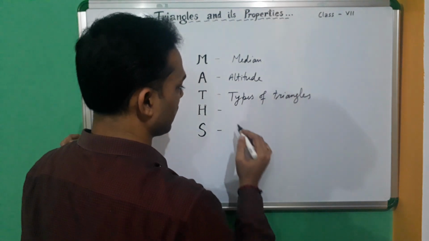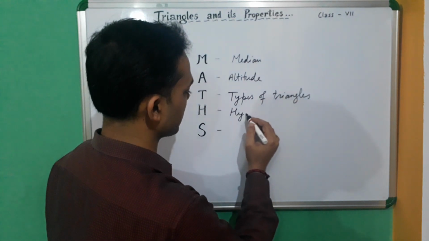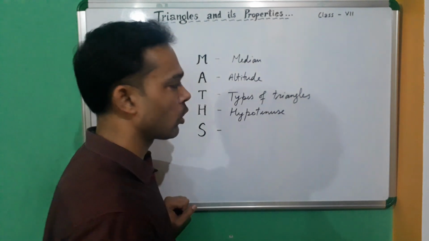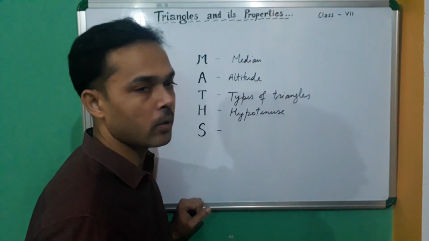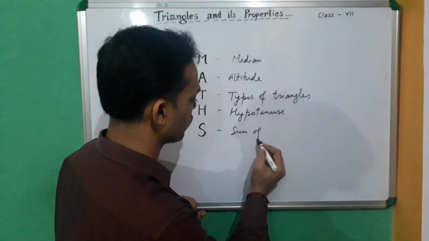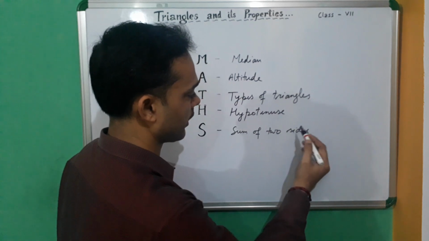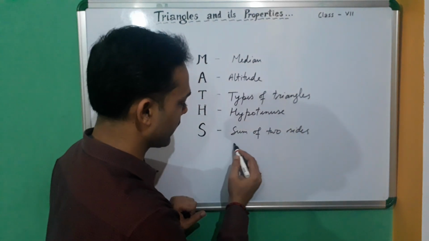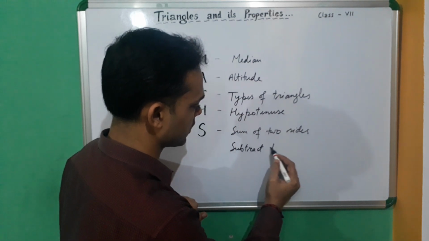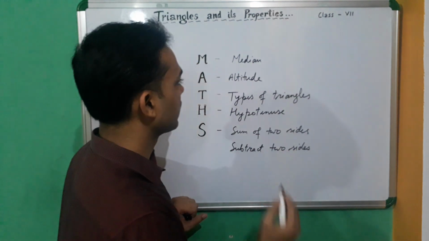You have seen that in a right angle triangle the longest side is known as hypotenuse, and you also have seen one of the properties that whenever you add two sides, it is always greater than the third side, and whenever you subtract two sides, it is always less than the third side.